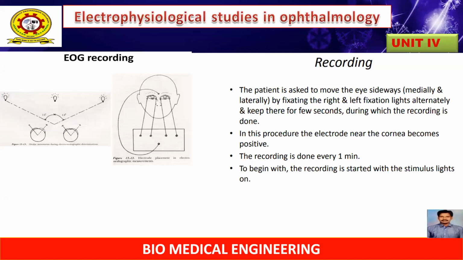So how is this EOG performed? Here we call the term recording. The patient is asked to move the eye sideways by fixating the right and left fixation, alternatively keeping there for a few seconds during which the recording is done.